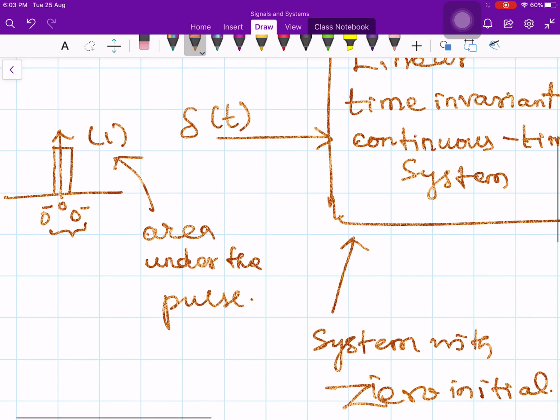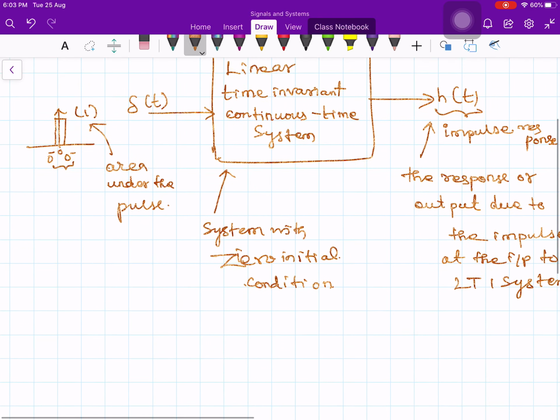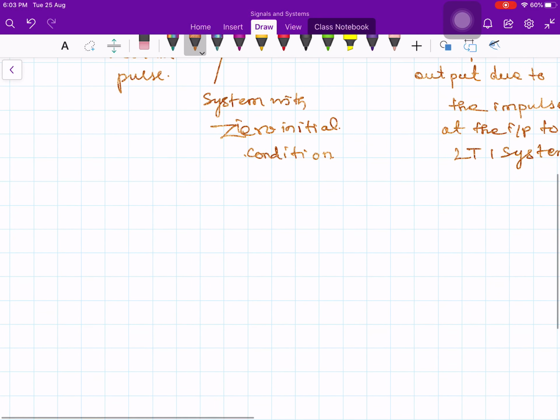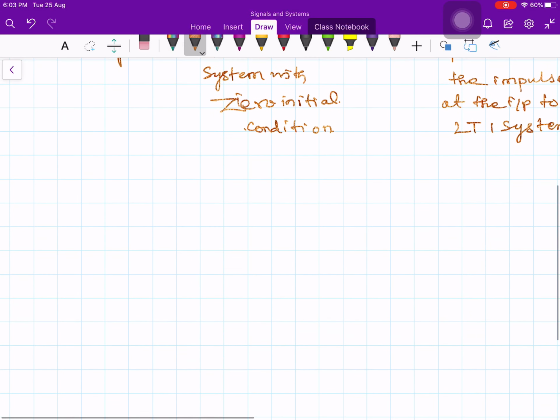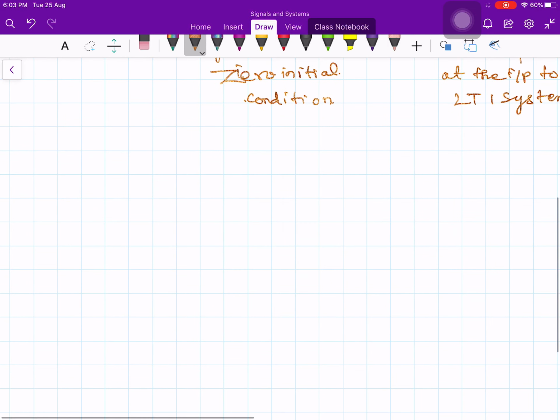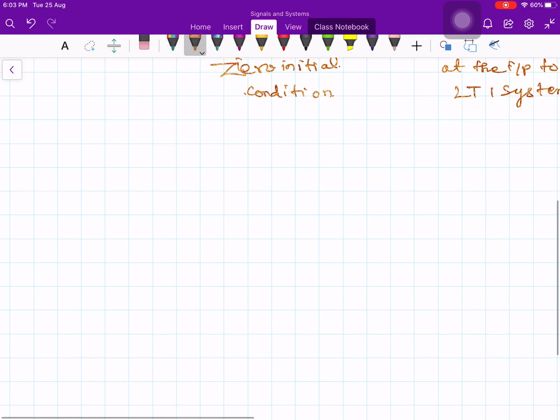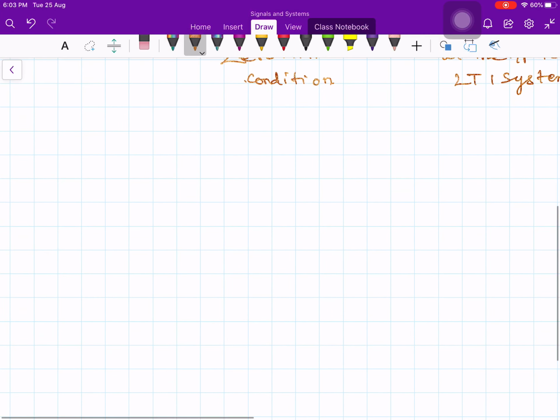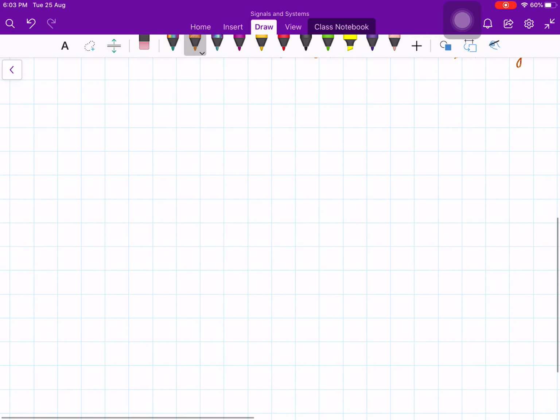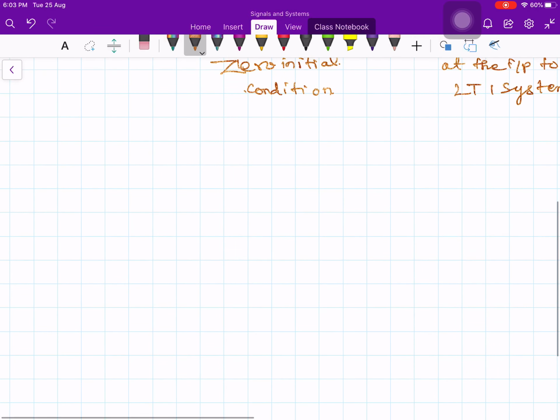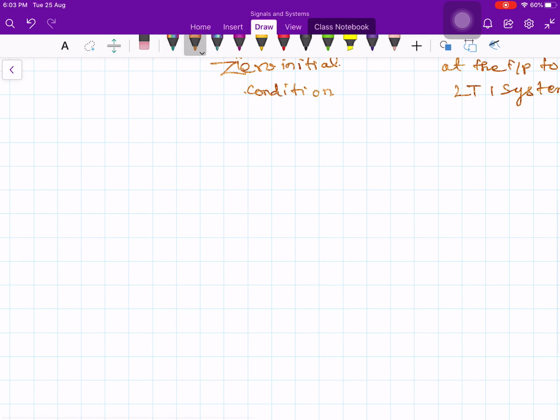Whenever a number of excitations are present simultaneously, the responses could be superposed only if the system does not have any initial stored energy. Therefore we assume that there is no initially stored energy. If it has some initially stored energy or some independent voltage source or current source, then the superposition principle is violated.